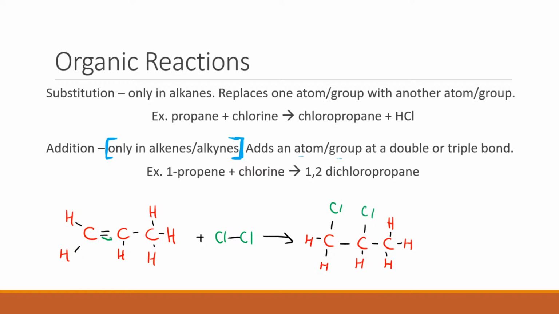So this bond here is going to break, and when that bond breaks, it means that there's more room for things to add on. There's an empty spot here and an empty spot here, and those chlorines can break apart from each other and attach themselves to those open spots.